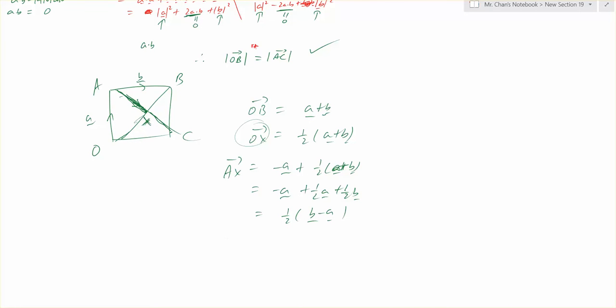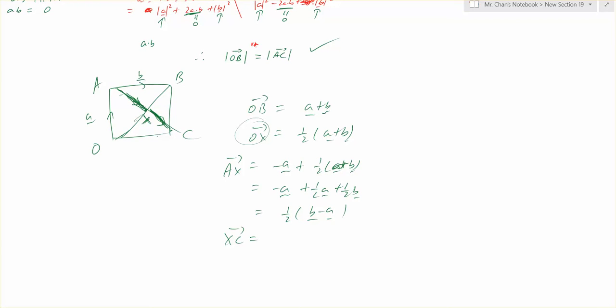Okay, let's get an expression for XC. Looking at this vector XC, this is the resultant.